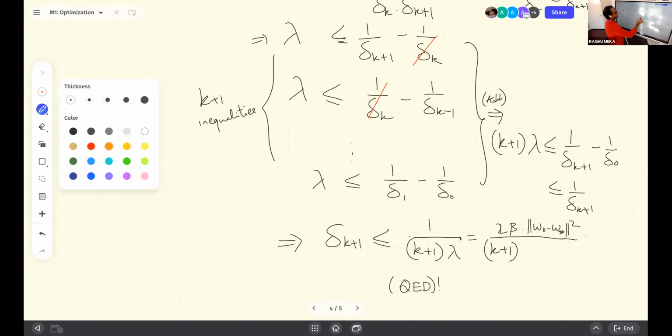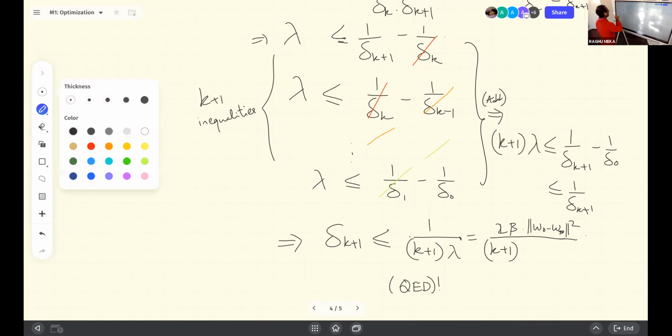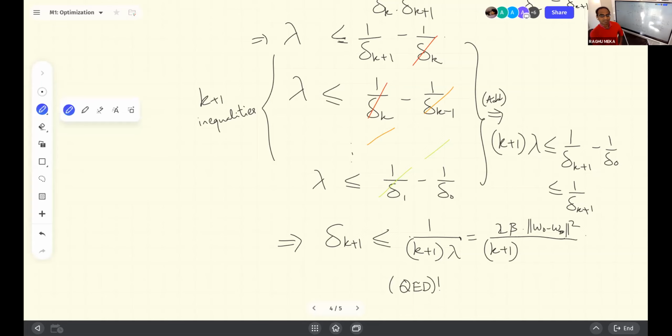This is a trick that gets used a lot in analyzing these optimization algorithms. This kind of telescoping thing happens a lot, and we'll also see it again later on when we analyze stochastic gradient descent. Okay? Any other questions about the proof?